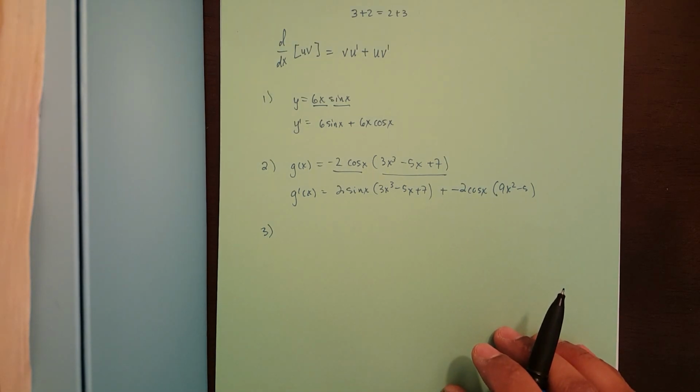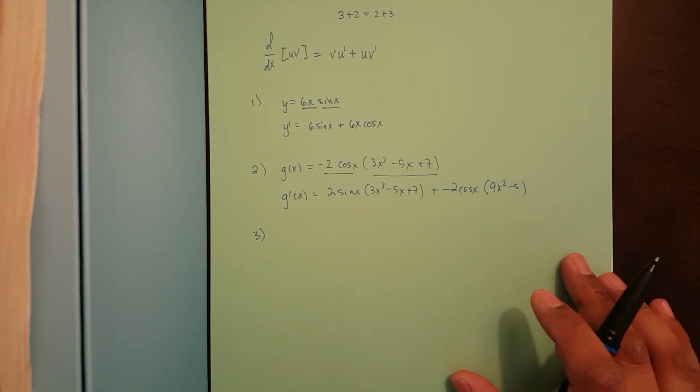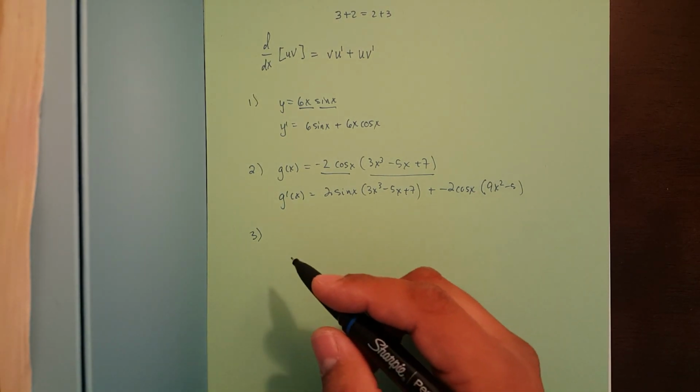All right, the next one on this note card, it gives you a table. It says in the table, r of x and t of x are differentiable functions. Find the equation for the line tangent to q of x at x equals negative 3 if q of x equals r of x times t of x. And you guys will be able to see it with the attachment that goes along with this video, okay?